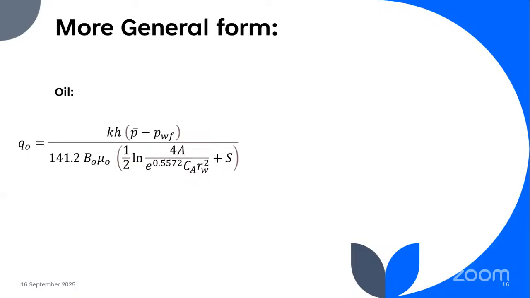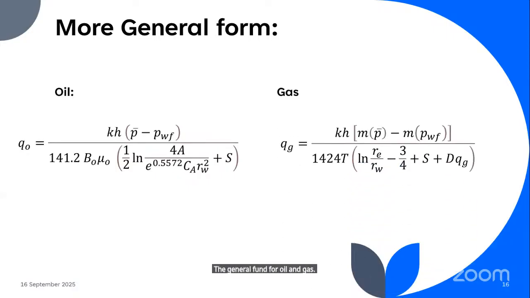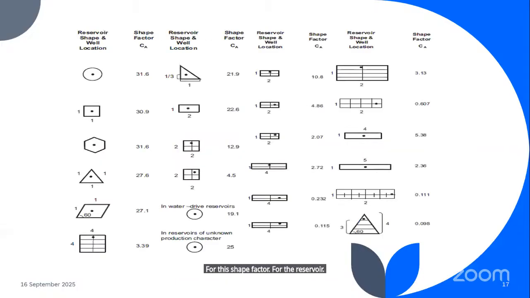The general form for oil and gas, as we can see here, is where we added the area of the reservoir and the shape factor, or the coefficient for the shape of the reservoir. How to use it?